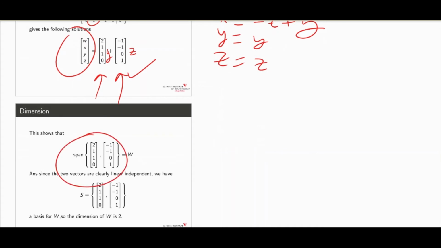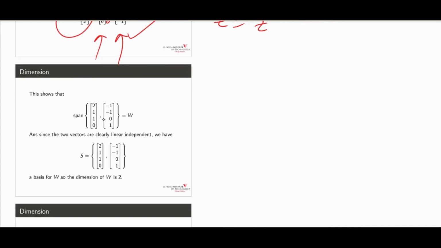So this gives us information on the span of these two vectors. Very easily, if you look at these two vectors, use the definition of linear independence, double check that if you set k1 of this vector and k2 of this vector equal to the zero vector, your k1, k2 actually have to be 0. That shows linear independence.